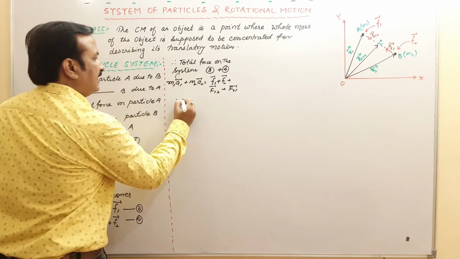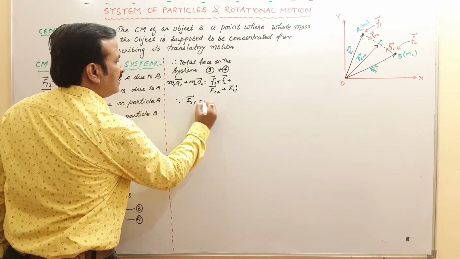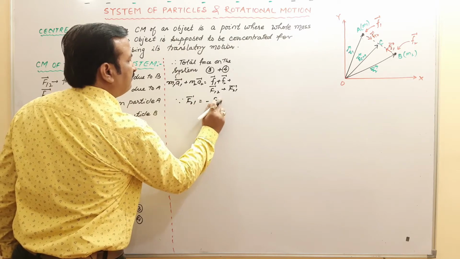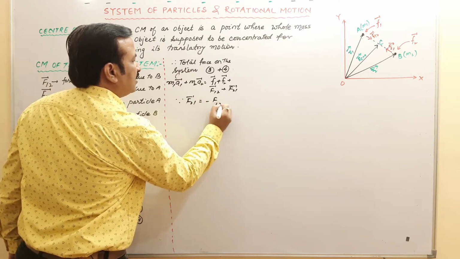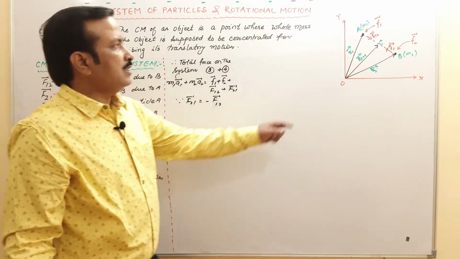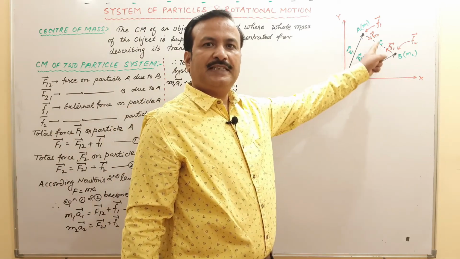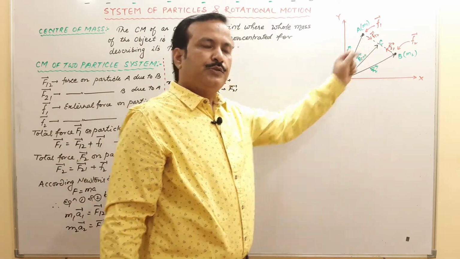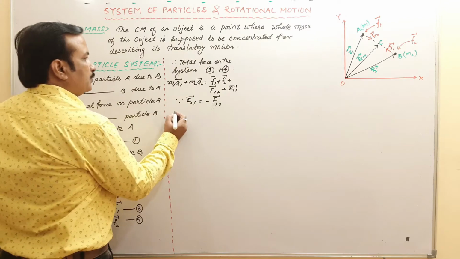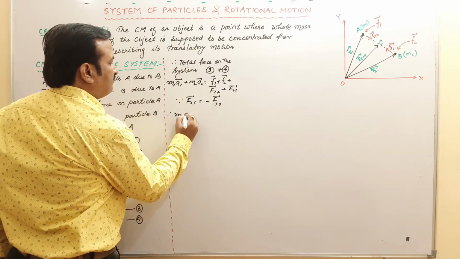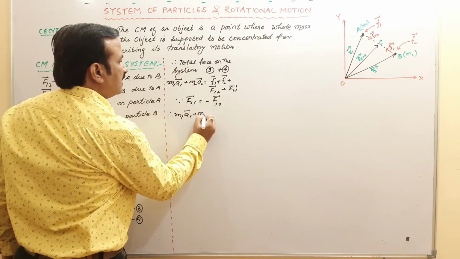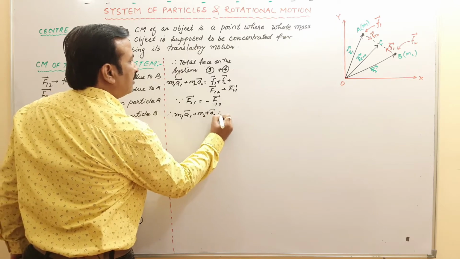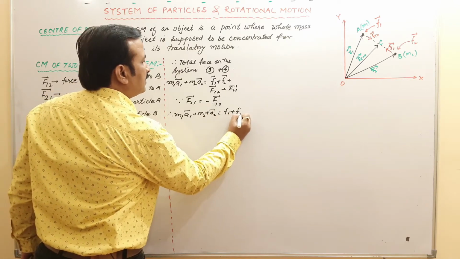Okay, since f21 is equal to minus f12. Why? Because equal and opposite forces are exerted by 1 on 2 and 2 on 1. So therefore we can write m1 a1 plus m2 a2 equal to f1 plus f2.